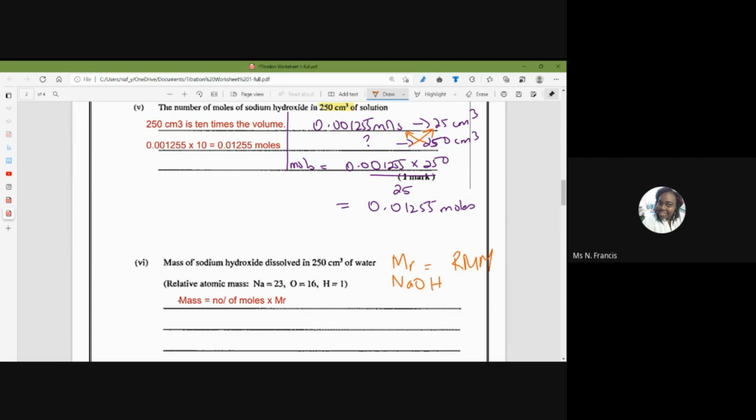In this case, sodium hydroxide is made up of sodium, oxygen, as well as hydrogen. Based on the formula, there are no subscripts, so they're all one. One sodium atom, one oxygen, and one hydrogen. So what are the values for each atom? This is 23 plus 16, no, let me write it in order: 23 plus 1 plus 16. And you end up with 40.